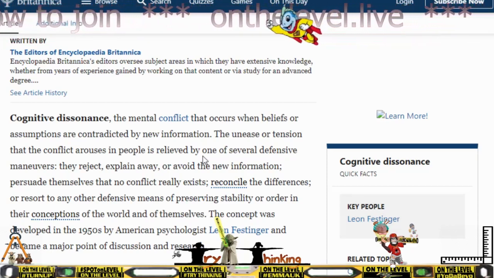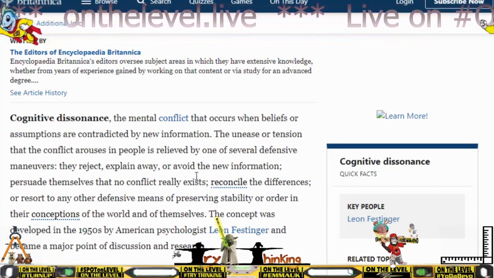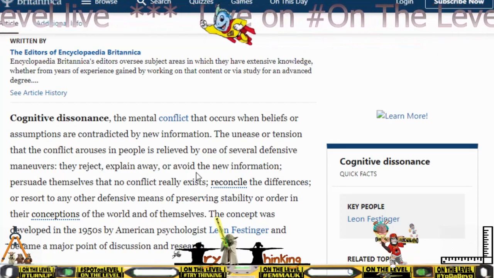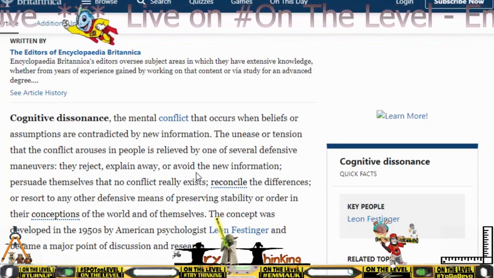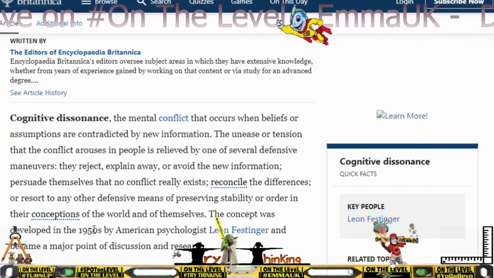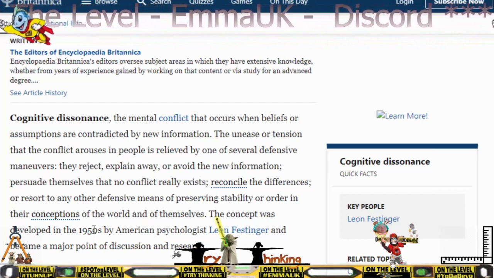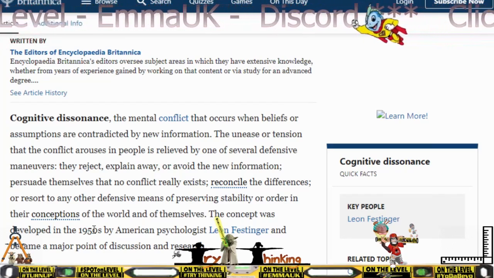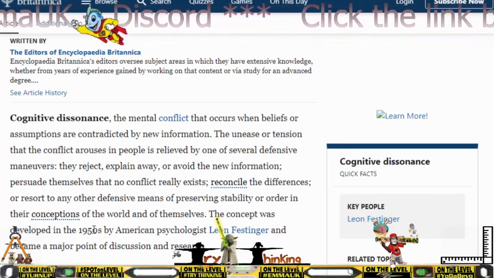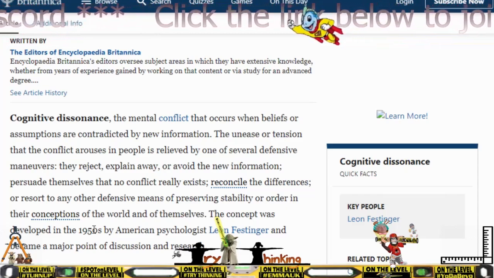They reject, explain away, or avoid the new information, persuade themselves that no conflict really exists, or reconcile the differences, which is a strange one, or they resort to any other defensive means of preserving stability or order, or they order their conceptions of the world and themselves.